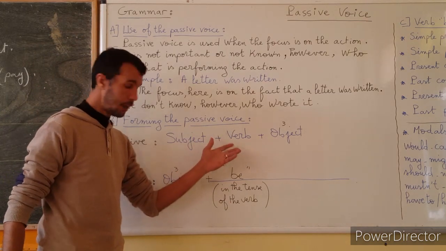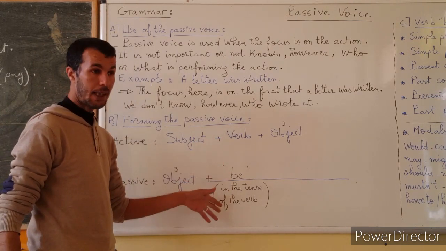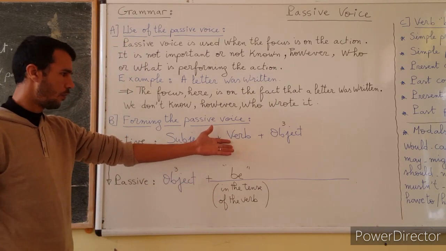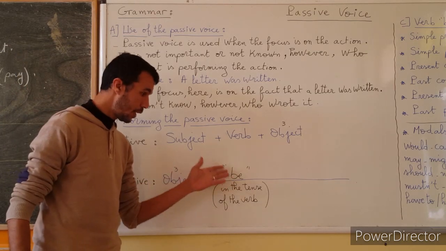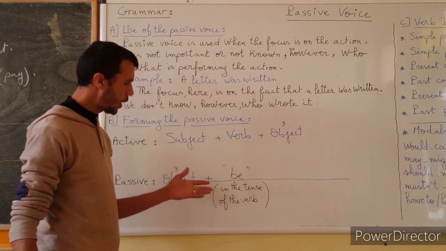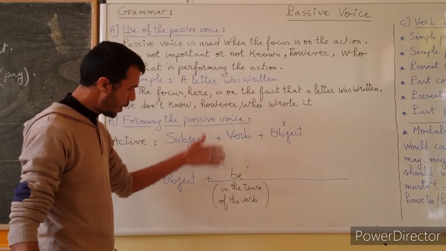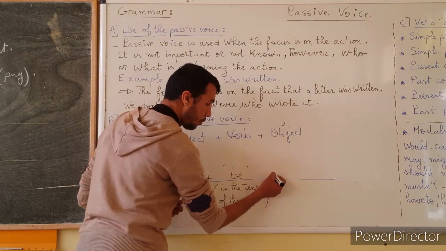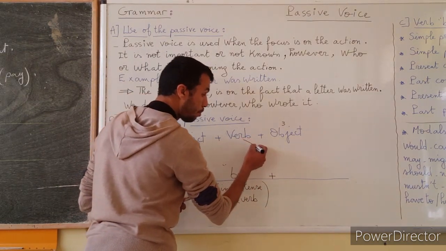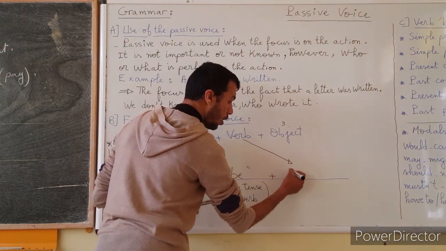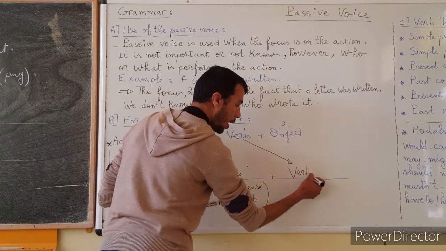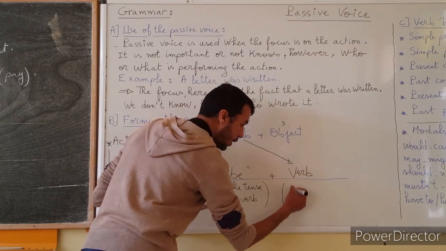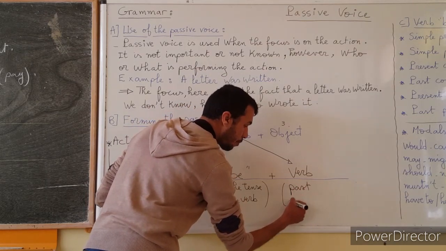But if it is in the past, we conjugate the verb be in the past, which is was or were. If it is in present continuous, we write the verb be in the present continuous, which is am being or is being or are being. And it's always like that. Then we follow the verb be by the past participle of the principal verb that we already have in the active sentence. So the verb here is always in the past participle.